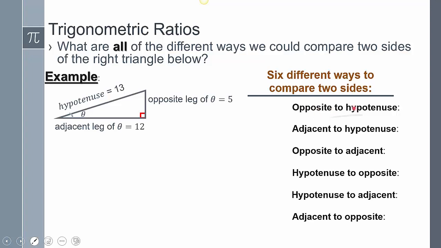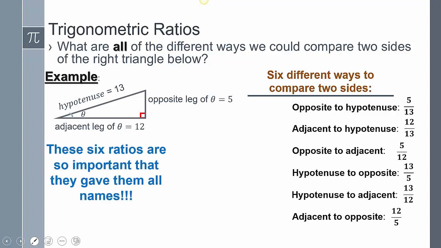So instead of opposite to hypotenuse, I can do hypotenuse to opposite. With opposite 5, adjacent 12, and hypotenuse 13, I could say opposite to hypotenuse is 5 over 13, adjacent to hypotenuse is 12 over 13, etc. And I can go through and create these ratios.